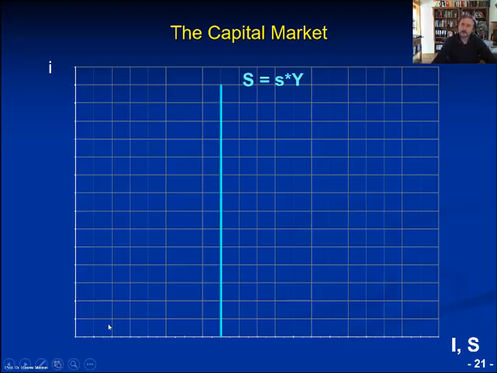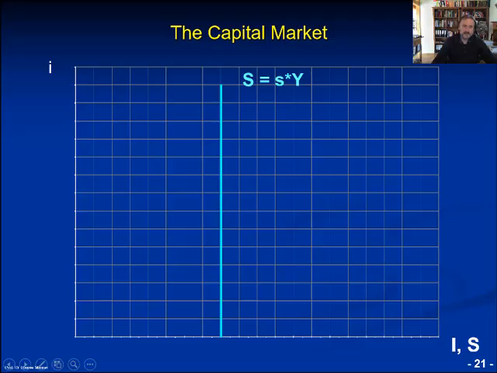In this diagram, therefore, savings supply is such a vertical line, not depending on the interest rate, but only on GDP level times the savings ratio.